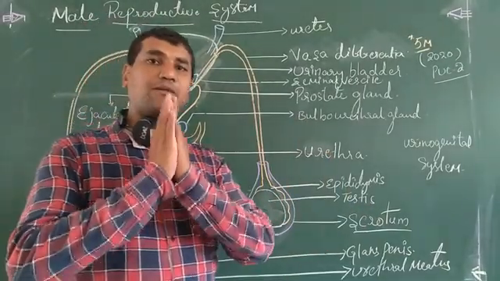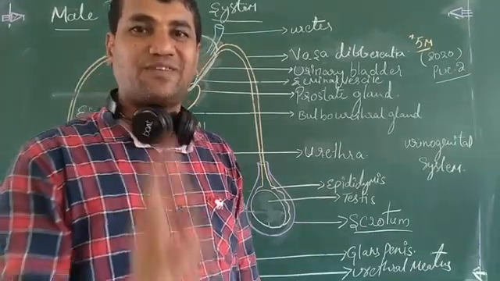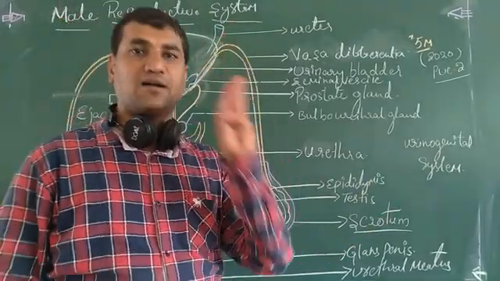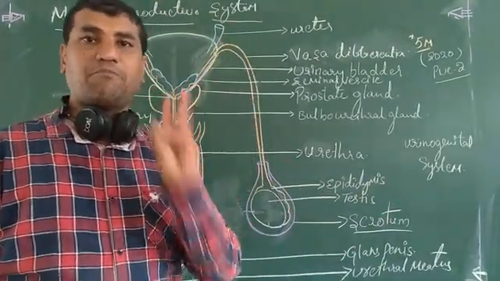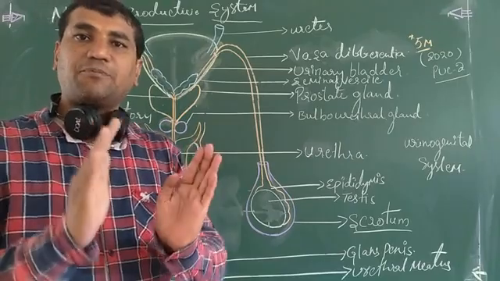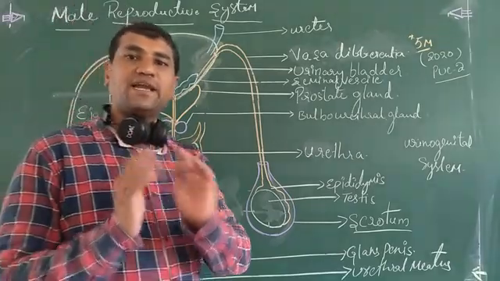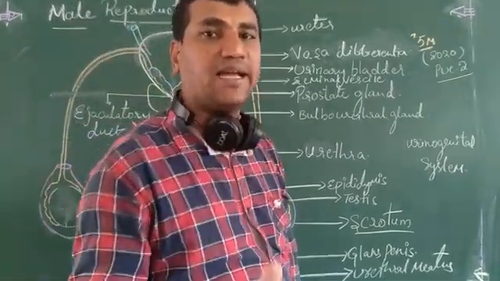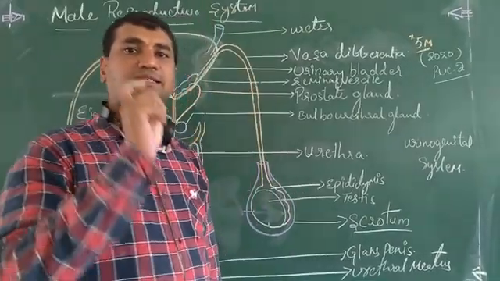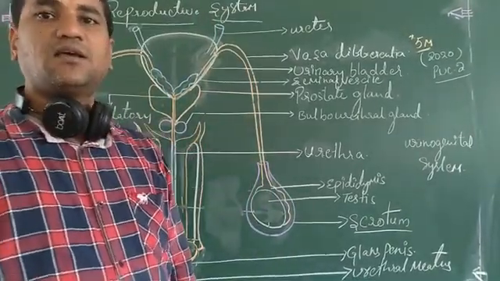First one is reproductive part, second one is accessory ducts, the third one is accessory glands.